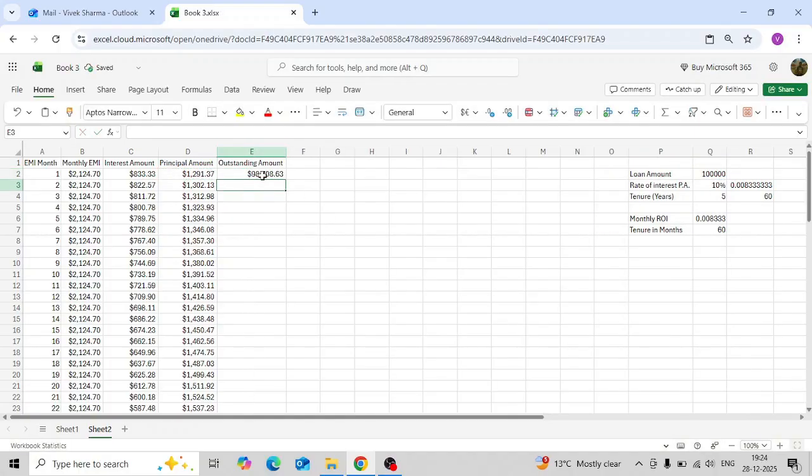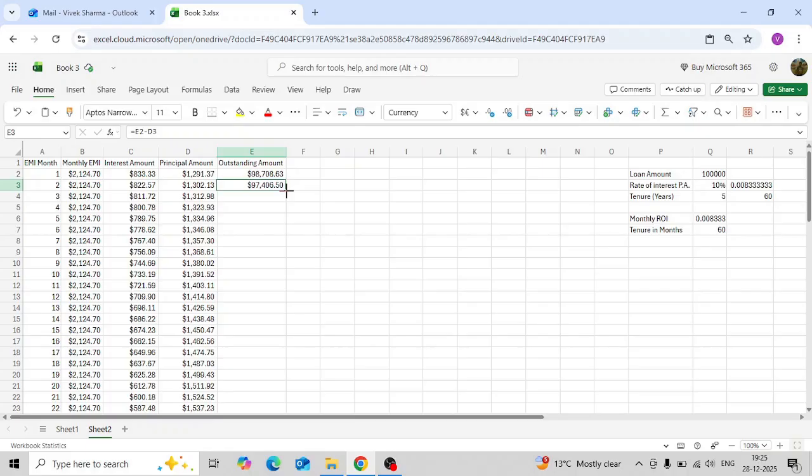So this is the outstanding amount after we make the first EMI. Now what would be the outstanding amount at the end of the second month once we make our second EMI? It's the outstanding amount at the end of the previous month minus the principal amount that we pay in the second EMI. Now we drag the formula.